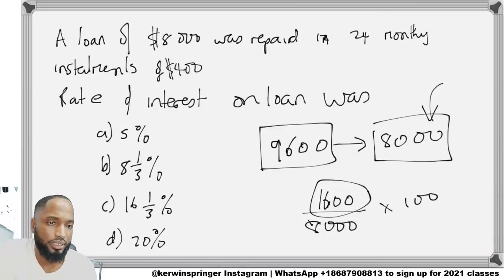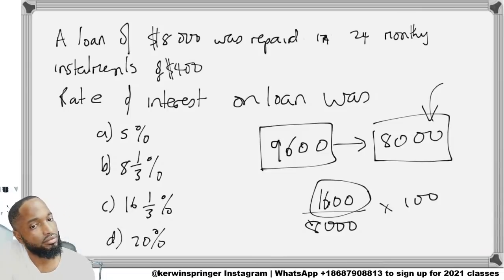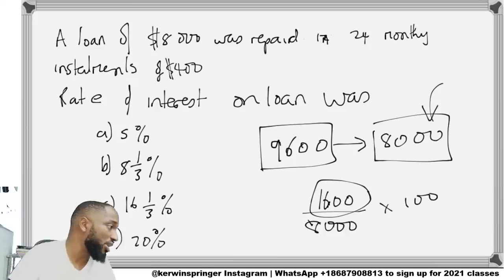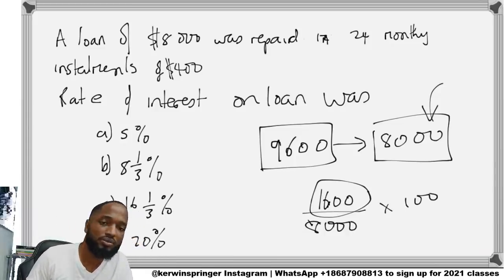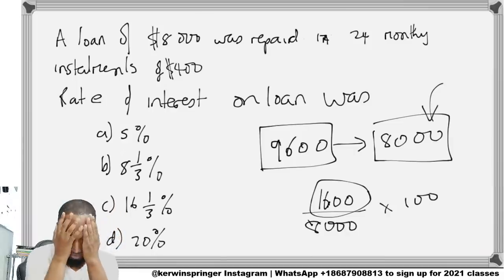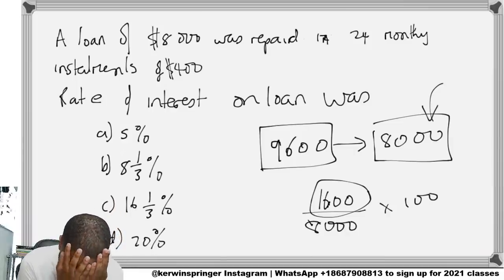You're getting 20%, but I don't like that answer. The reason I don't like that answer is because it's supposed to work in the rate.